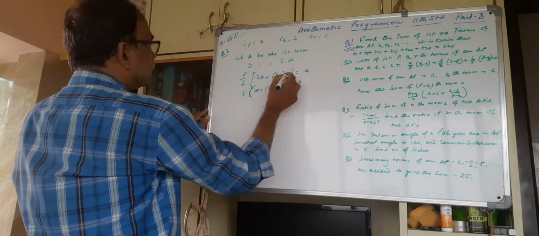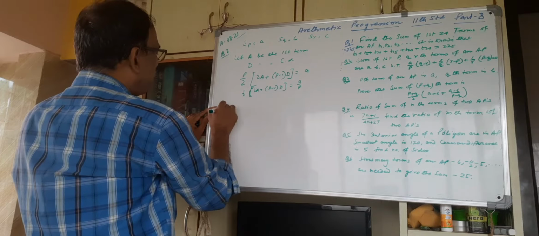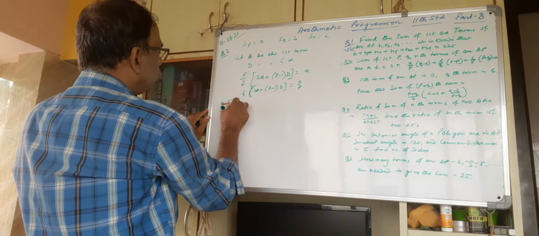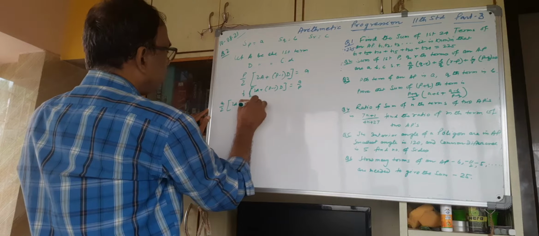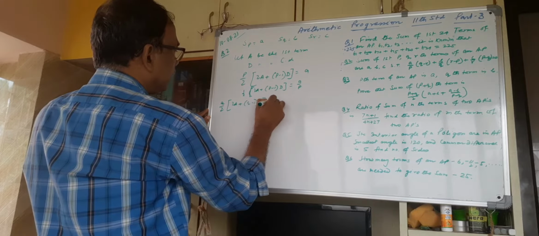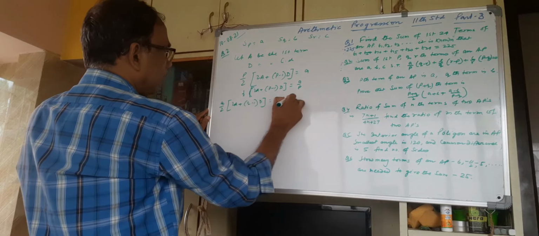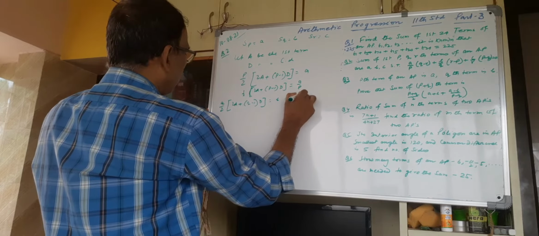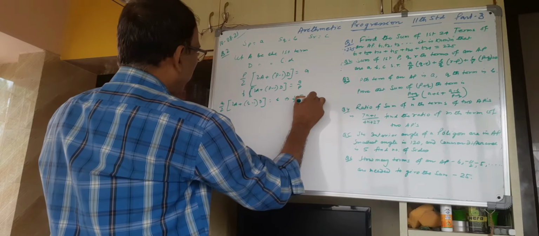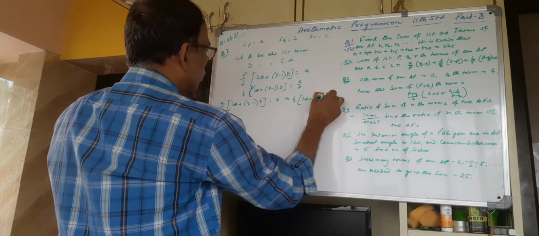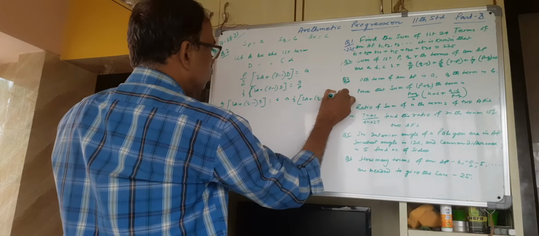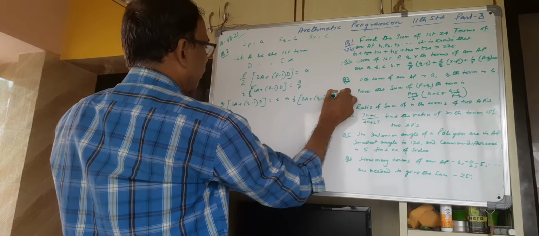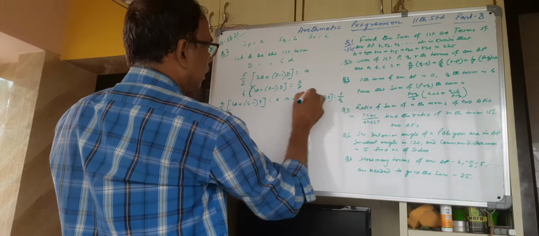And Sq equals q by 2 times (2A plus (q minus 1) D) equals b. That implies half of (2A plus (q minus 1) D) equals b by q.